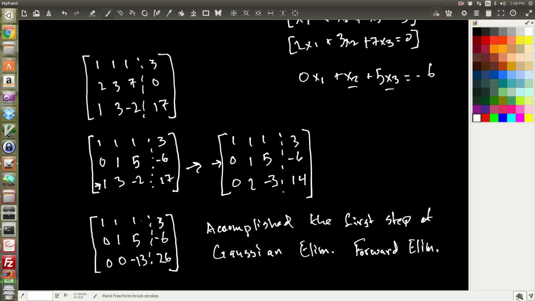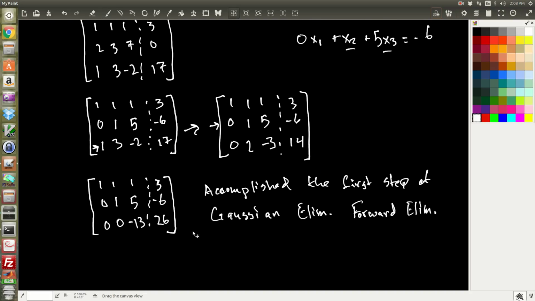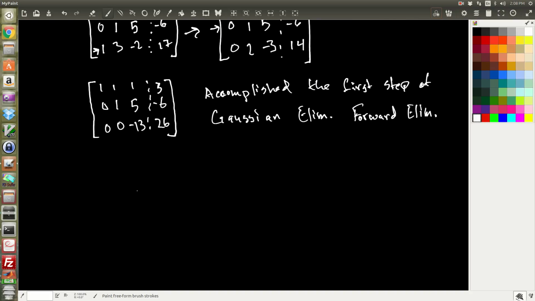Now, once we have this, we have one equation right here, this very last third equation, minus 13, 26. That represents an equation: minus 13x3 equals 26. This is one equation with one unknown that we can just solve for algebraically, and we get x3 is equal to 26 divided by minus 13, which comes out to be minus 2, right? Alright, so we know x3.